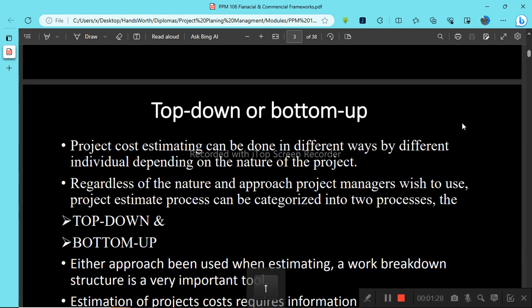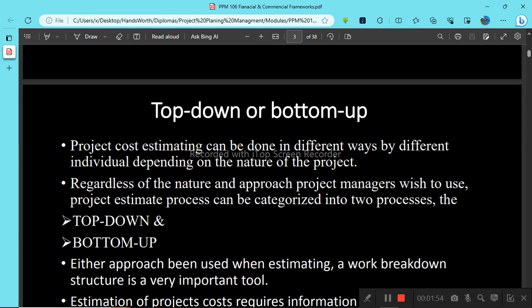Alright, so when it comes to cost estimation under project management or for your project or under the organization, there are basically two categories or approaches that you can use to estimate the costs for your given project.